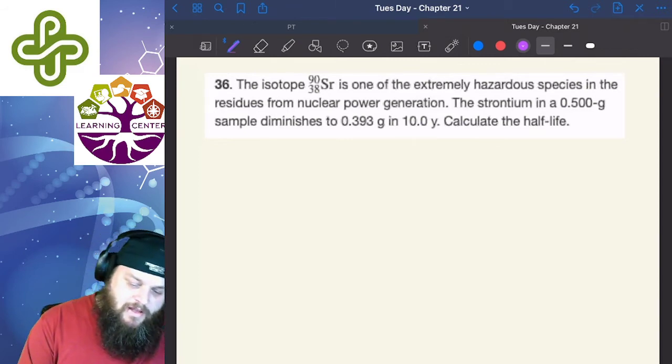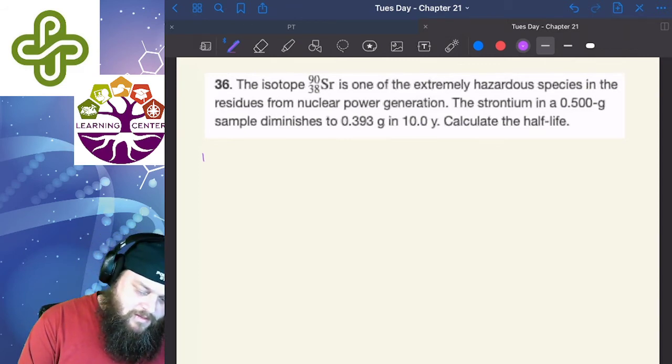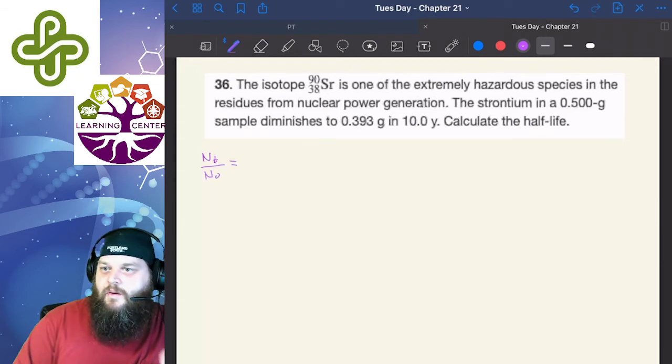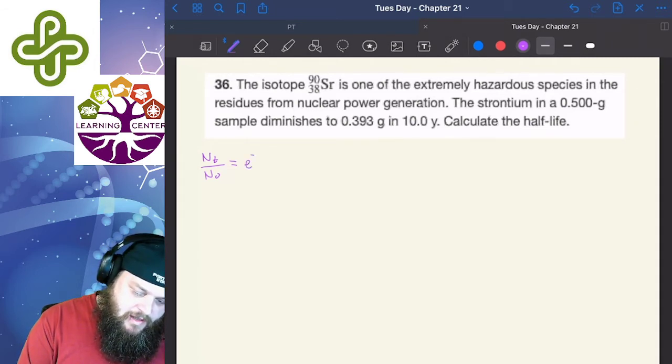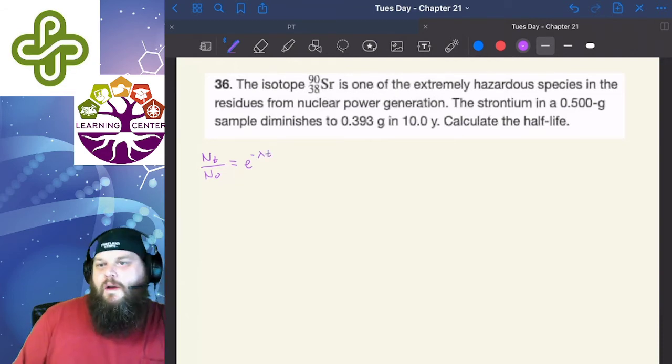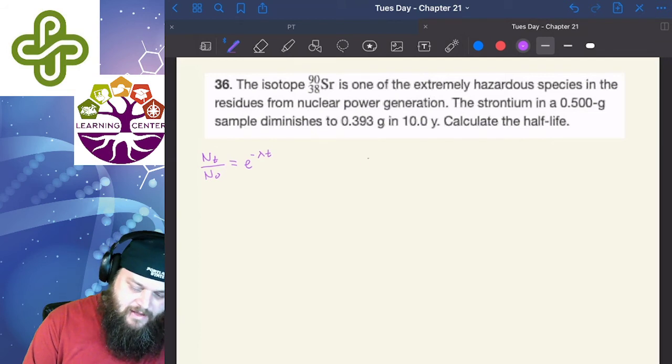So we can utilize that using our equation, N_t divided by N naught. I'm going to write it like that because we're looking for that fraction, right? Oh, they want us to calculate the half-life. But we can use this fraction, e to the negative lambda t, because we don't know what lambda is yet.